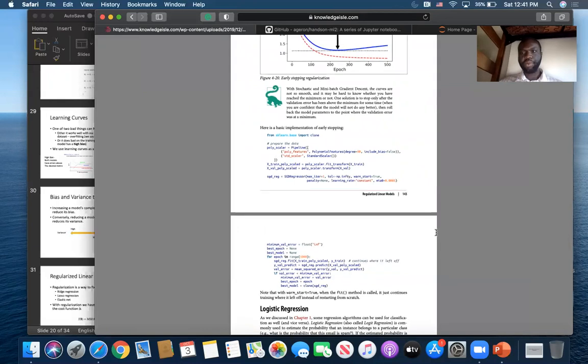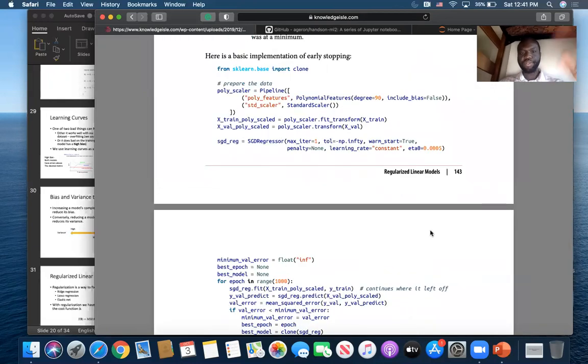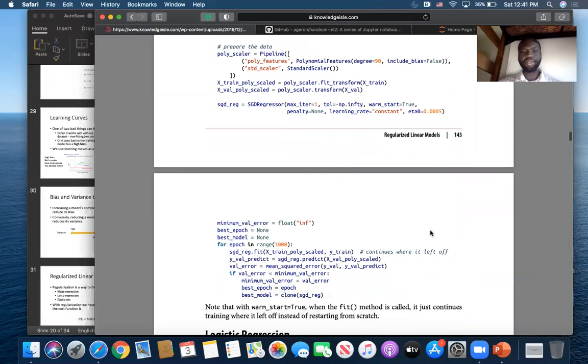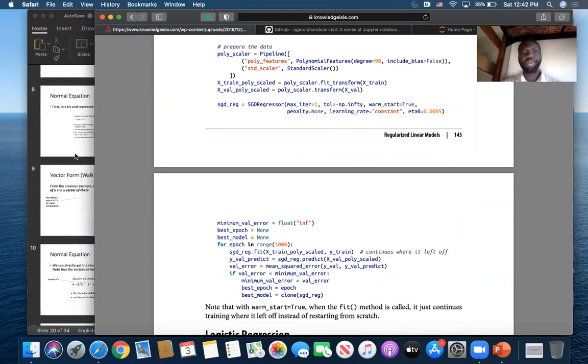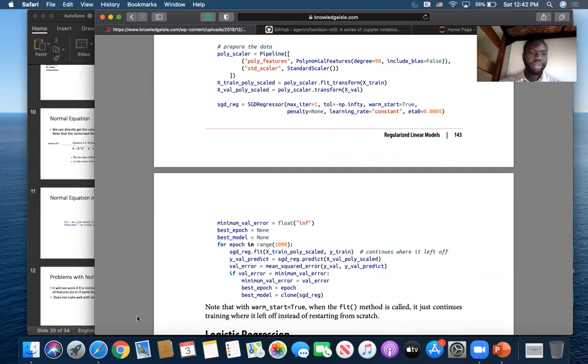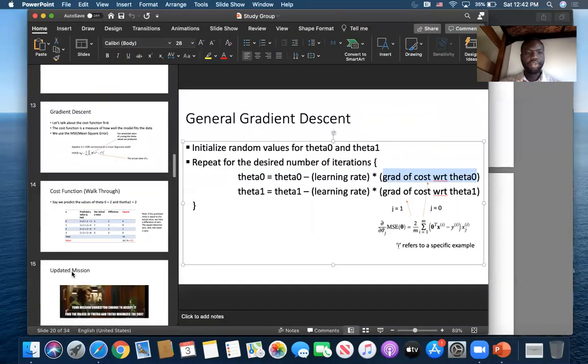So to that, we come to the end of the first big one, which is linear regression as a whole. Overall, we've covered linear regression with one variable, how to solve linear regression using the normal equation and gradient descent, and then we also did some problems with that.